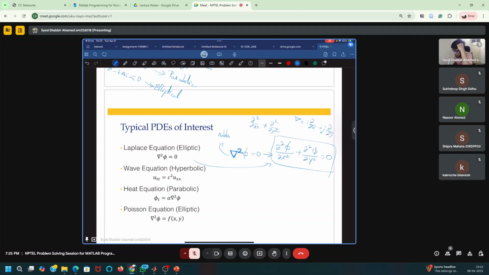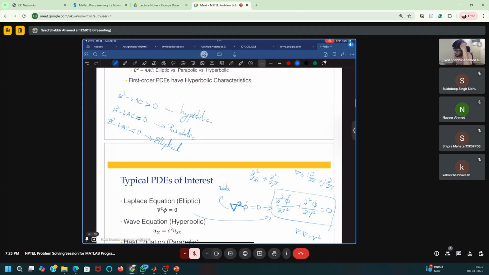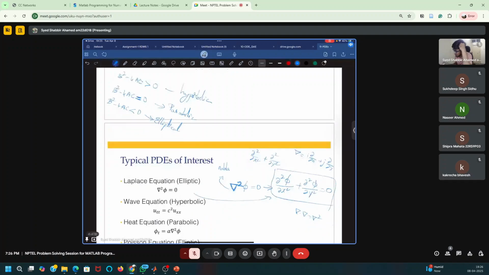If you do the dot product del dot del, you get del square, which is dou square by dou x square plus dou square by dou y square. Here you can see A and C are basically 1 and B is 0. So you will get b square minus 4AC less than 0. That's why this is an elliptic PDE.